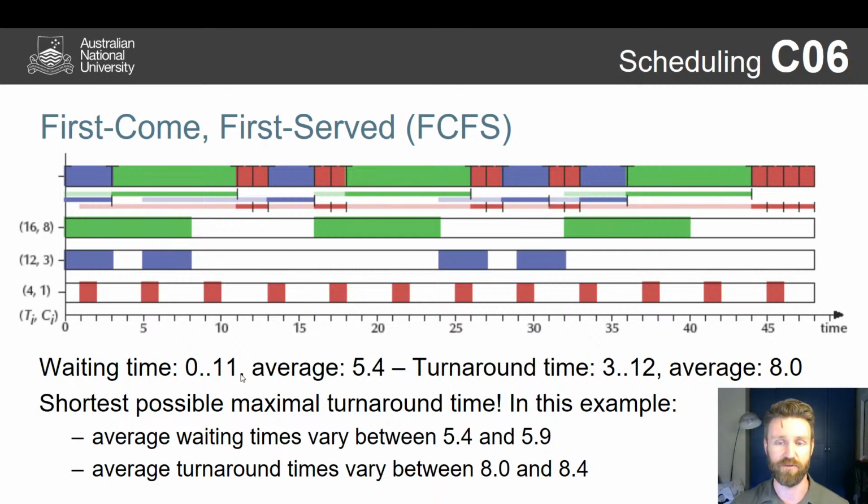The turnaround time here is 12, and I don't think you can actually do a lot better than that, just because of the particular ordering in which these processes come in. It really doesn't matter which way you reorder things. You can't find a way of reordering the execution of these processes so that it doesn't make the turnaround of another process worse, even if it makes the one that's currently the longest better.